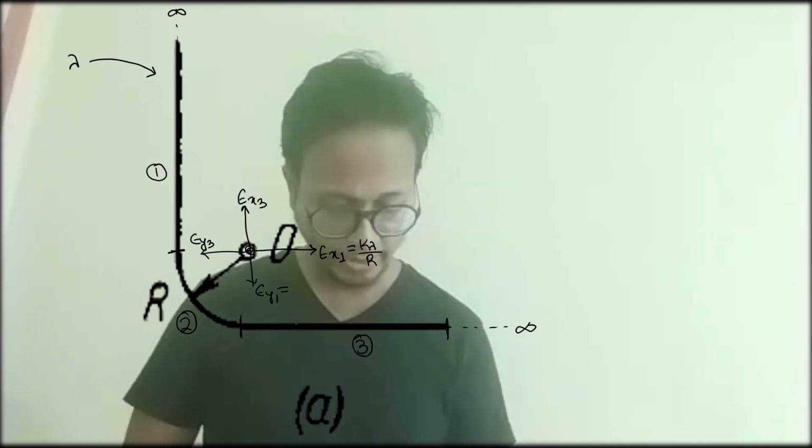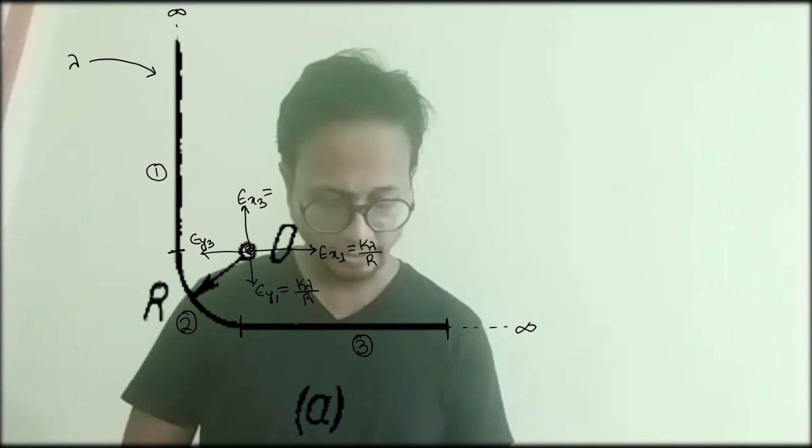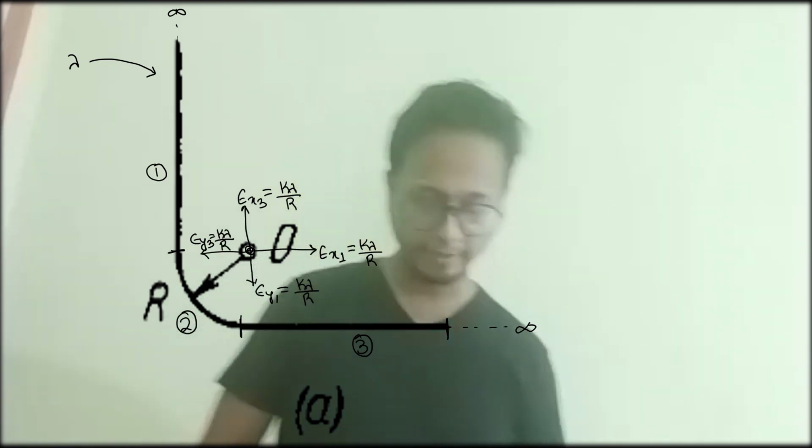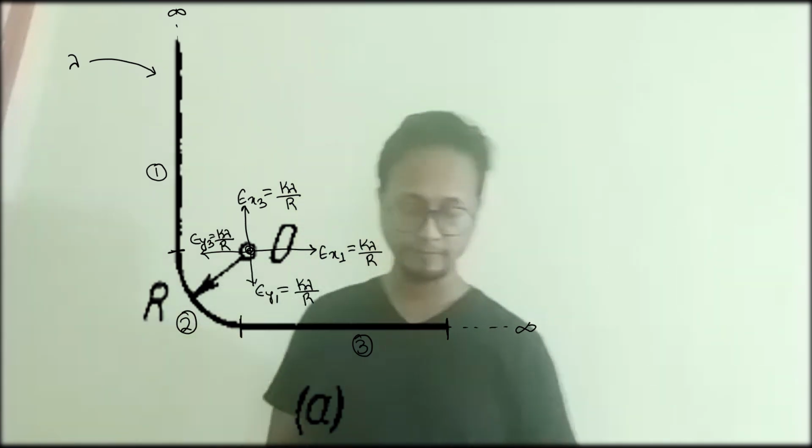The magnitude of Ex1 is k lambda by r. The magnitude of Ey is also k lambda by r. This is also k lambda by r, and this is also k lambda by r.